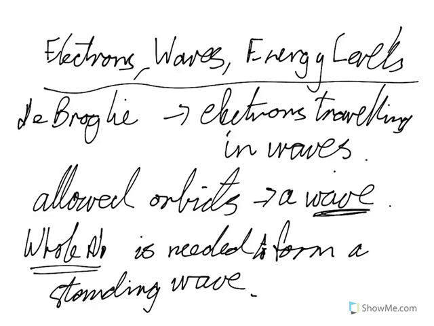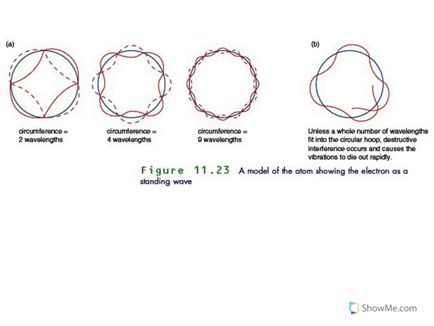And so if you want to try and picture that, you'd picture it something like this. The blue lines there are the circumference of the energy level, and you can see in the red it's kind of like a wave. So there's two of them, the standing wave.